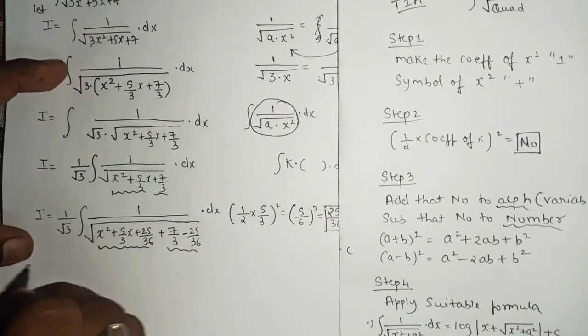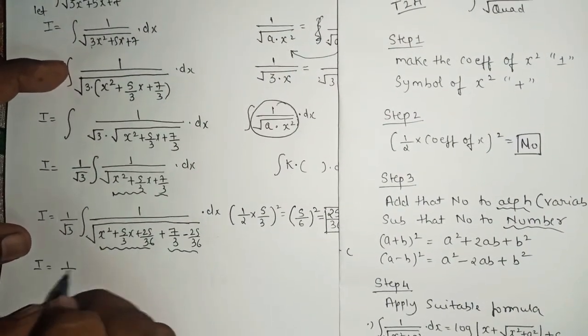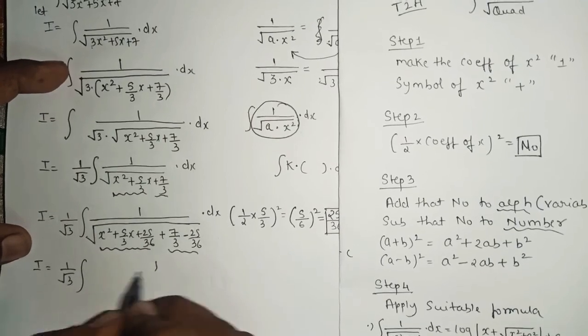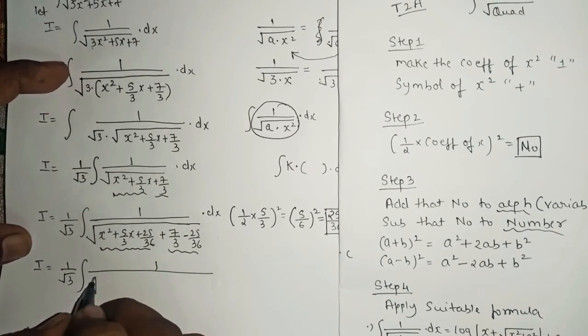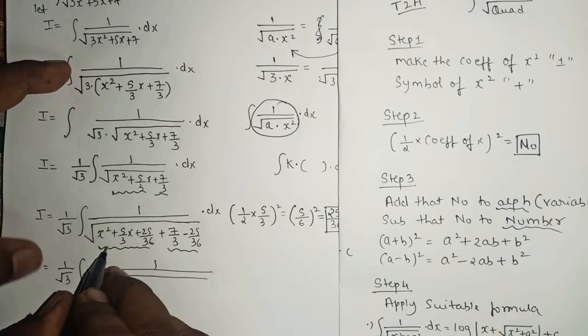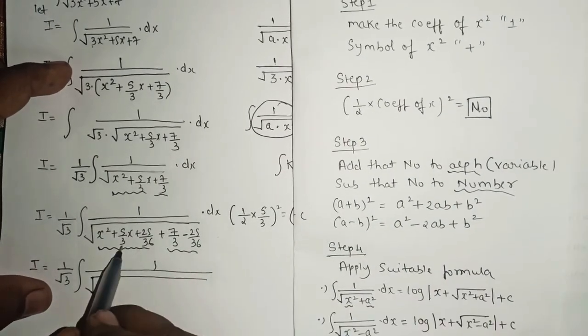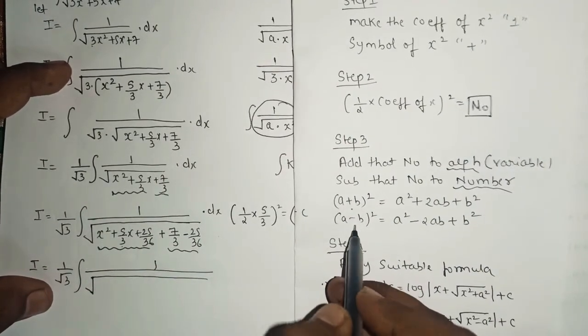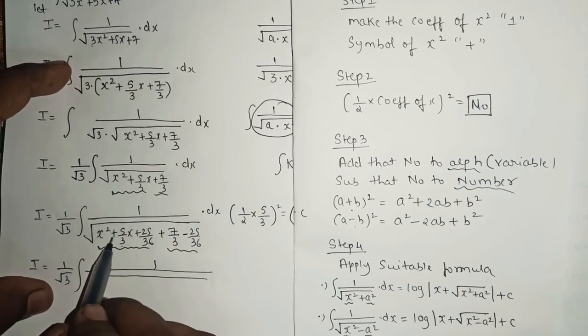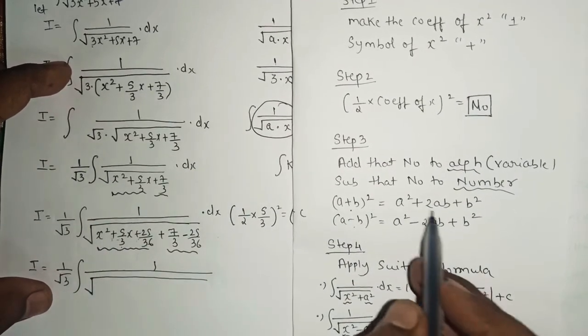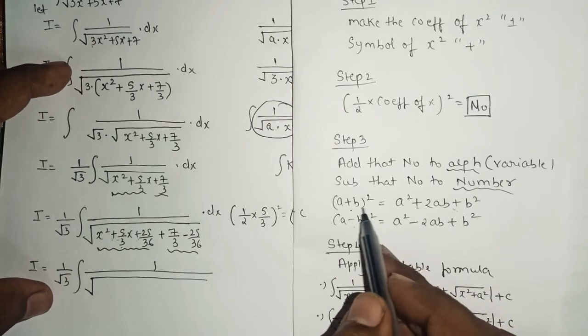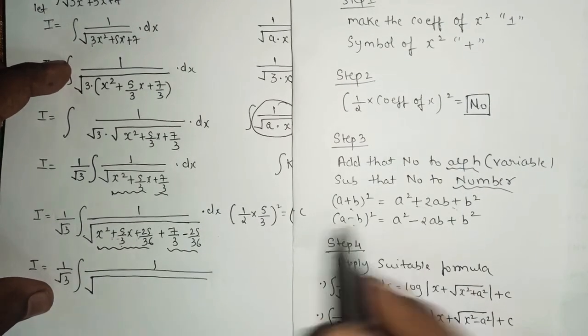After this step, what we have to do, okay, focus here. After this step, this section will get converted into a plus b the whole square or a minus b the whole square. As the sign here is positive for both terms, it will get converted into a plus b the whole square.